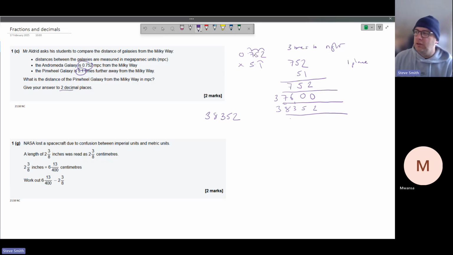And we said we moved 3 and then 1, so 4 decimal places, so we put 4 places back in: 1, 2, 3, 4. And we just said the number's going to be less than 5 because we're timesing it by 0.7, so that fits. It's not 38, because that would be 7 times 5, so the answer becomes 3.8352.